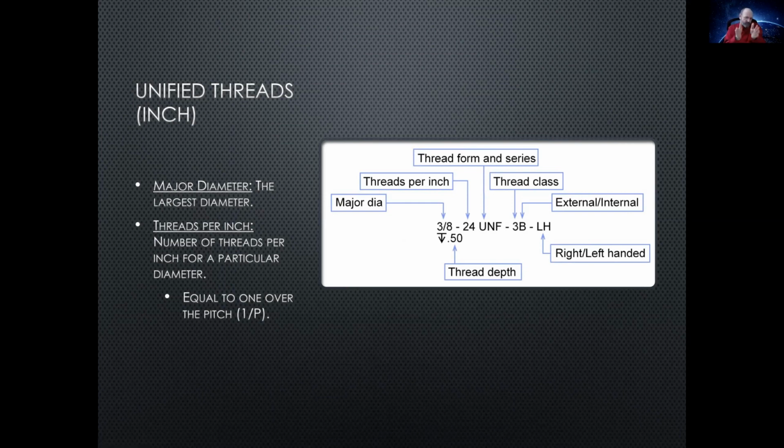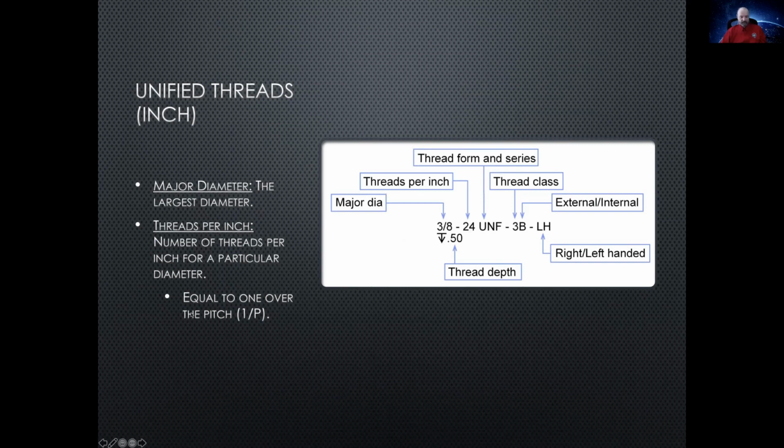How much space is there between crest and crest or root and root of your thread? So in the English system, we do threads per inch. So how many threads do we have in an inch? In the metric system, we do millimeters per thread. Okay, so one is the reciprocal of the other. But they're related.